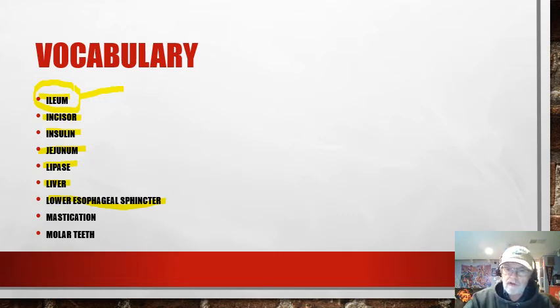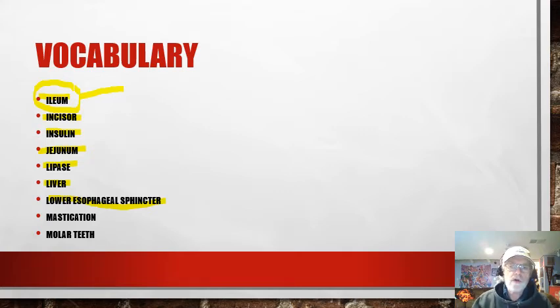If the muscles contract, the sphincter closes. So when I eat food, the sphincter stays open. I get the stuff in my stomach, then the sphincter will close. Okay, so that's the lower esophageal sphincter. One of the problems we have is what's called GERD. GERD stands for gastroesophageal reflux disease.